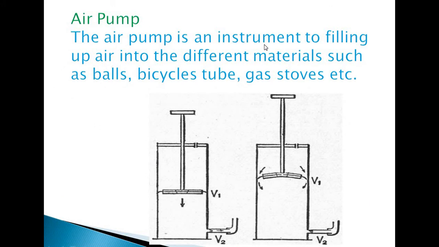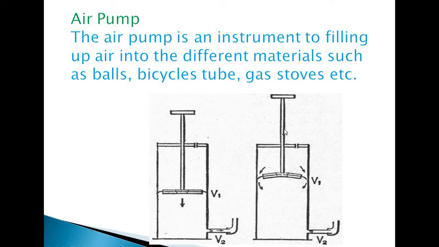The air pump is an instrument for filling air into different materials such as bulbs, bicycle tubes, gas stoves, etc., and it is based on atmospheric pressure. Look at the diagram of the air pump. This is an air pump and this is also an air pump, but the action is different.